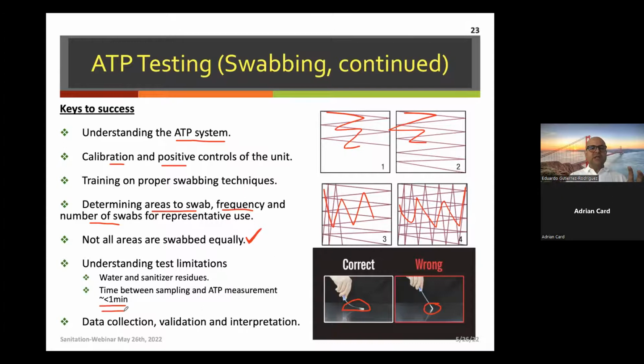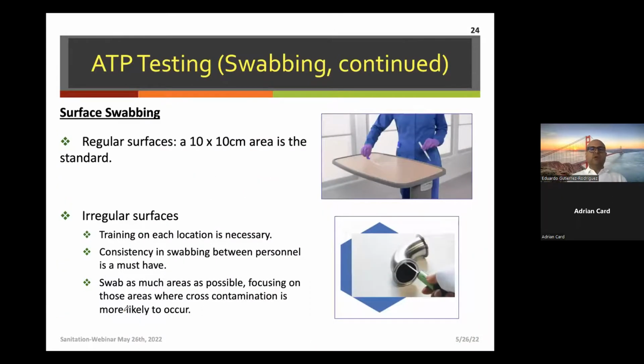So let's get a little bit into how many swabs, what the frequency is, which is some of the things that you probably are going to be looking for. If you have regular surfaces, the recommended swabbing area is a 10 by 10 centimeter area. If you have irregular surfaces, training for each surface is specific, and that is going to be given by how representative your measurements for ATP are.